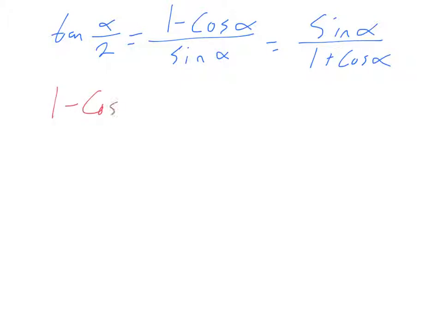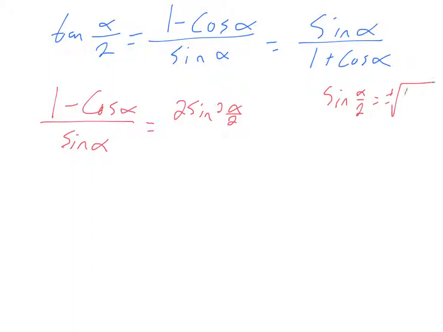If we start off with 1 minus cosine alpha over sine alpha, for the top, the half angle formula for sine gives us sine of alpha over 2 equal to plus or minus square root of 1 minus cosine alpha over 2.